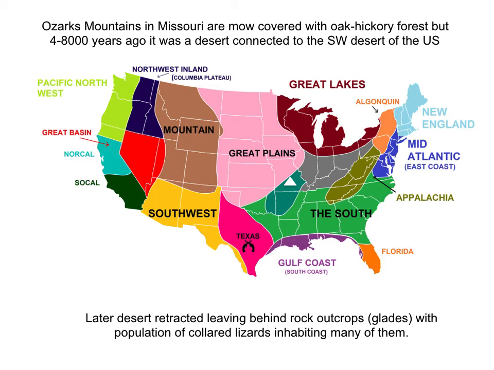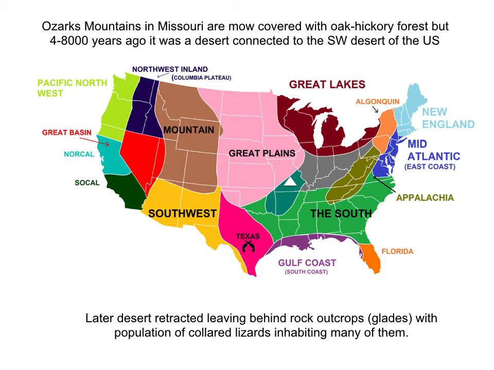What you see in Missouri is you have these rock outcrops, which we call glades, and that's exactly where you find those eastern collared lizard populations. So the geological history explains, one, how we get those collared lizards there, and two, from our evolutionary biology perspective, we can say that at one time it was this big desert.